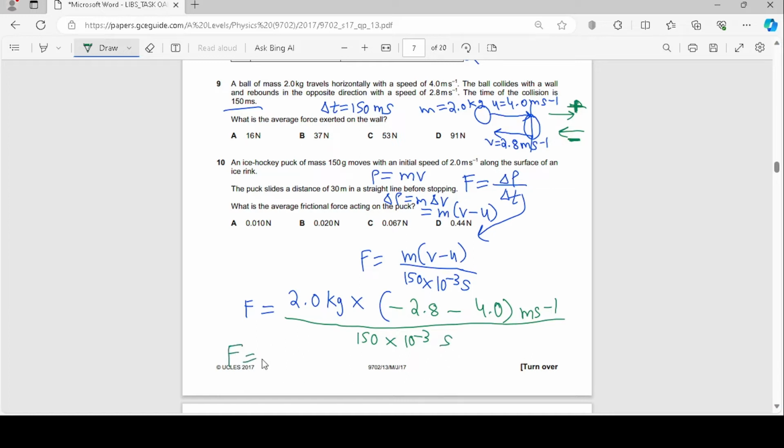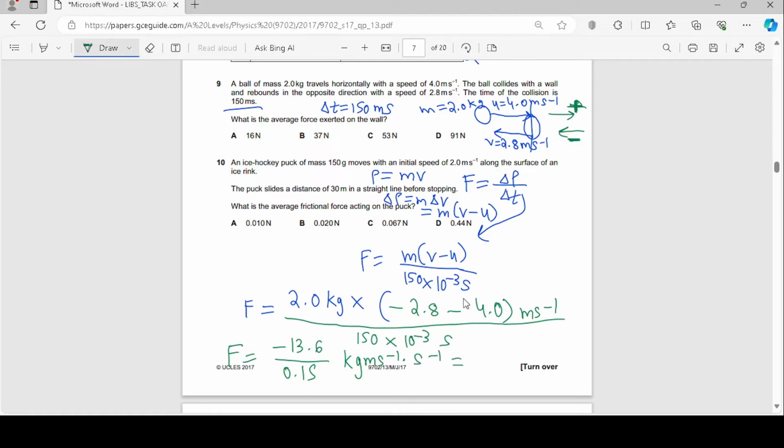So yeah, anyways, if you calculate this out, 2.0 times minus 2.8 minus 4.0, that is going to be, in the numerator, minus 13.6, and then divided by 150 times 10 to the power of minus 3, that's going to be 0.15. Then I'm just going to combine the units, kg m s to the minus 1 multiplied by, this goes to the numerator, so it becomes s to the minus 1.